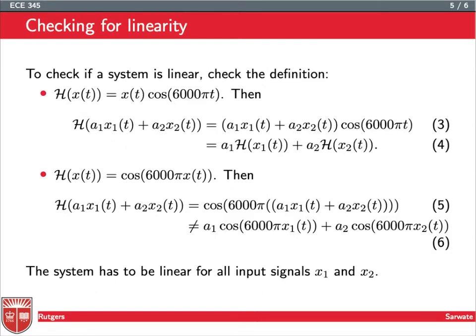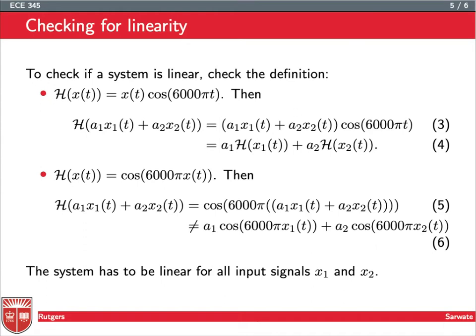So how do we check if a system is linear? The basic thing to do is to check the definition. Let's look at a first example. Suppose we have a system that is a modulator. It takes x of t and multiplies it by cosine 6000 pi t. So the 6000 pi is the omega c that we saw before when we looked at modulators more abstractly. Let's check out linearity.